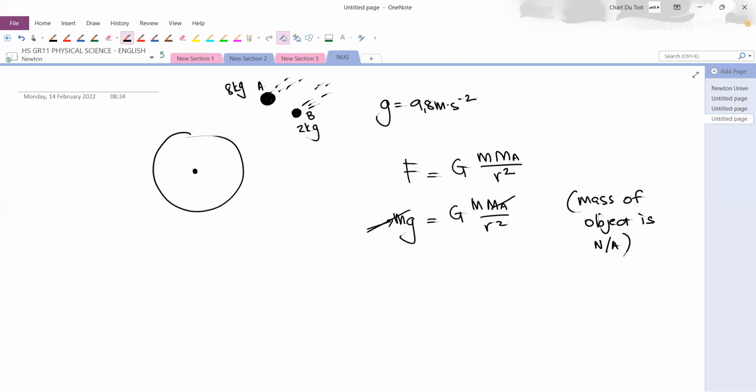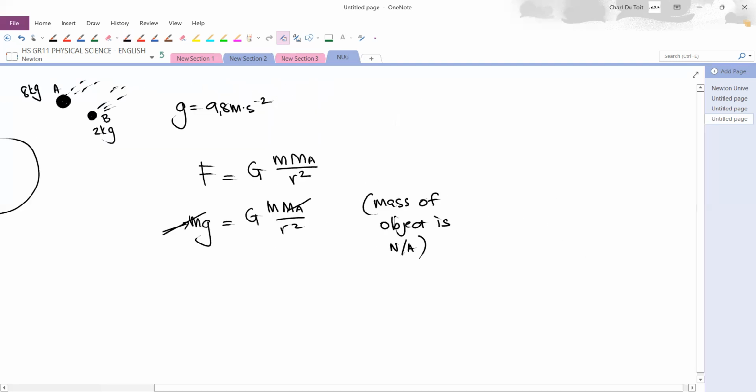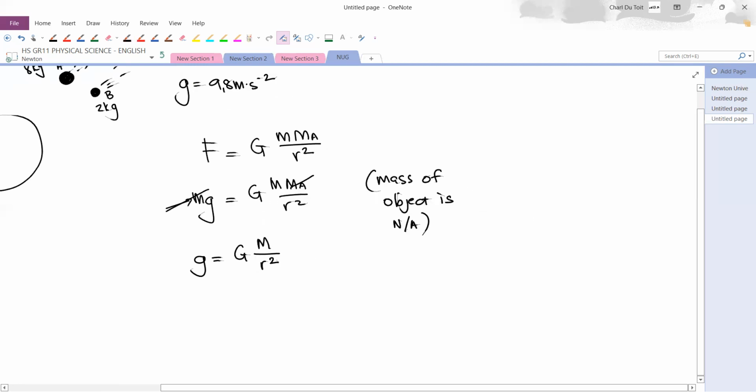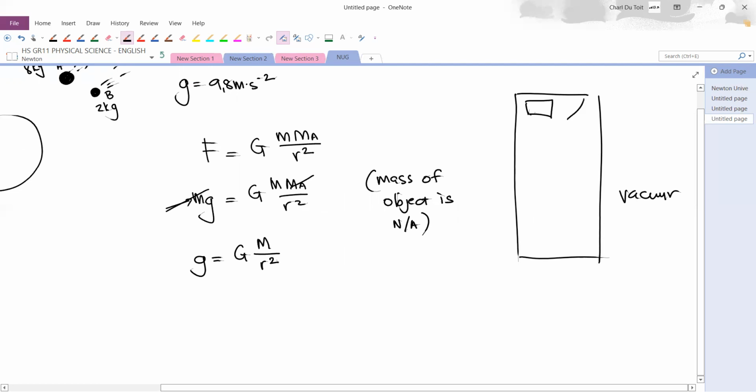I don't know if you've seen that experiment. So g, acceleration 9.8, is only directly proportional to the mass of the Earth and the radius of the Earth, not the mass of an object. If you make a vacuum, if we make a glass cylinder there, and there's a vacuum, so there's no air friction, you take a brick and a feather.